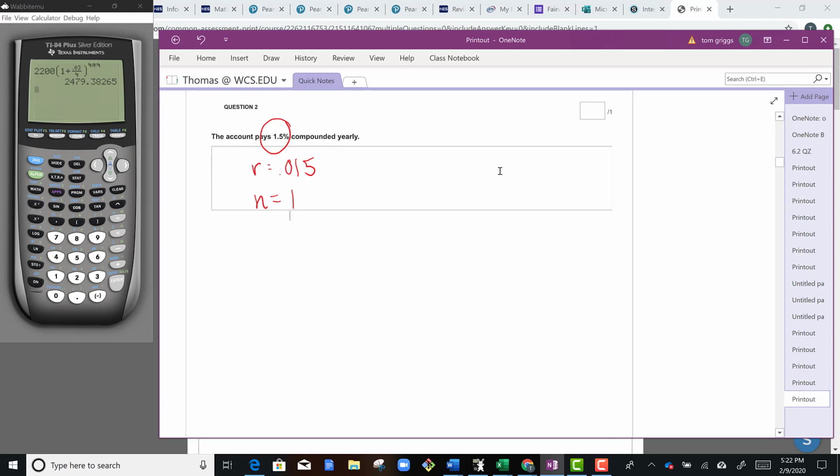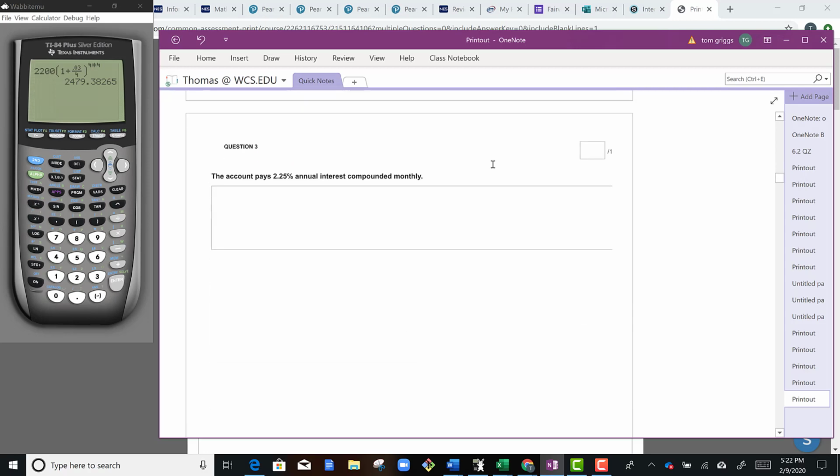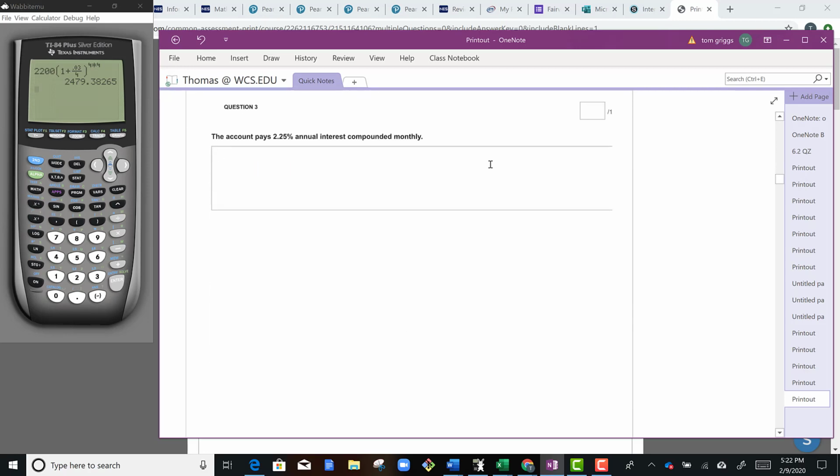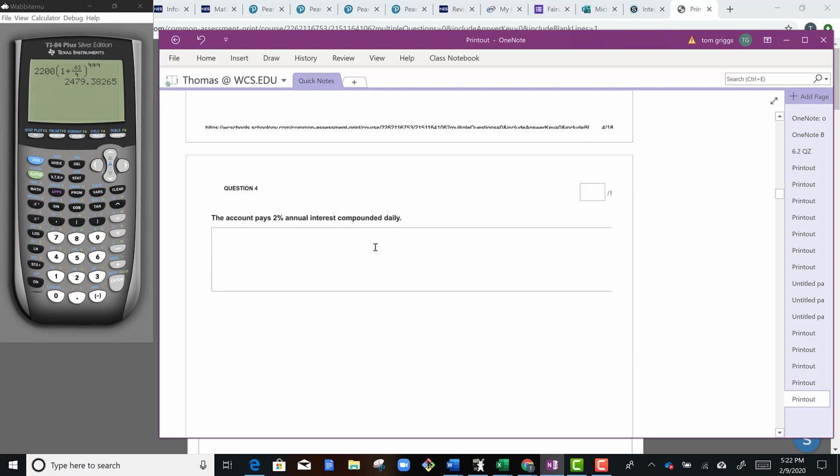All those other numbers, t is 4, the initial principal is the same, so it's really exactly the same way. This one, same thing. Compounded monthly means n is 12 months in a year. And our rate is 0.0225. Shouldn't really have any problem with those, but if you do, reach out to me and let me know.